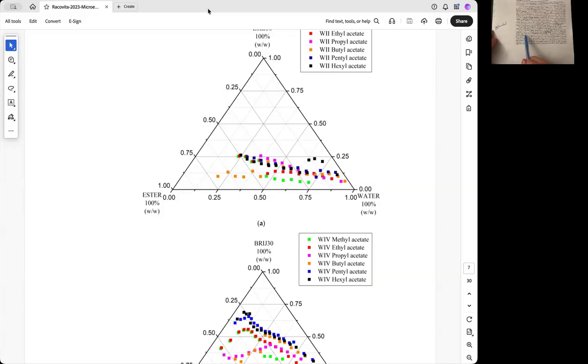All right. This means that in general, the smallest amount of bridge 30 surfactant that needs to be titrated into the initial ester and water mixtures to reach a Windsor 2 system is minimal in the case of the shortest alkyl acetate and maximized when the longest homolog is used as the oil component.